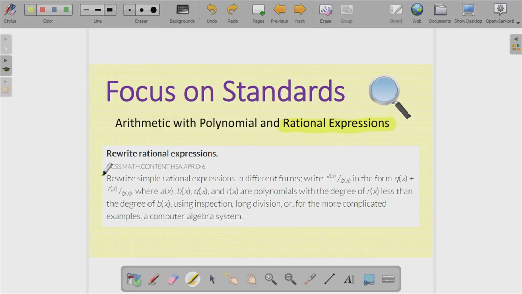And so the standard reads, rewrite simple rational expressions in different forms. In particular, write an expression a over b in the form q plus r over b, and that's exactly what John did. In this case, we highlighted the technique of long division, and the result of that was we were able to analyze some key features of the graph.